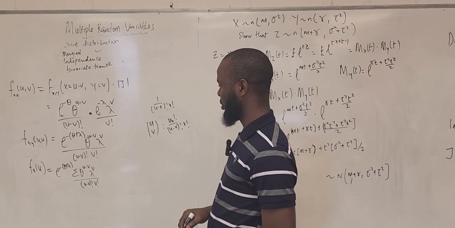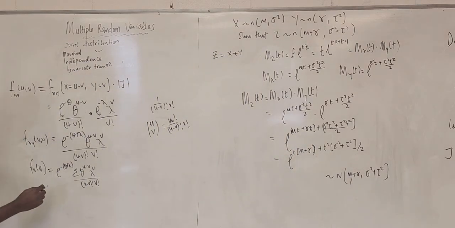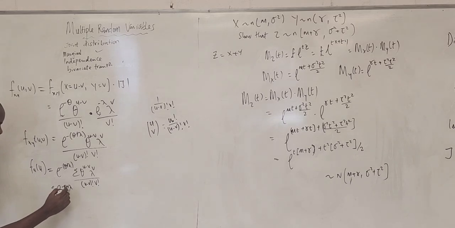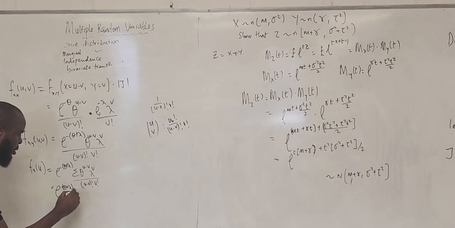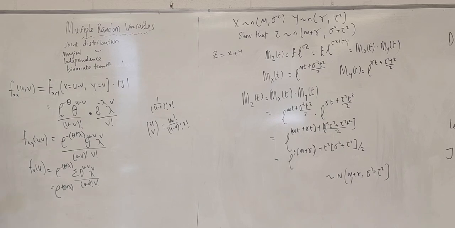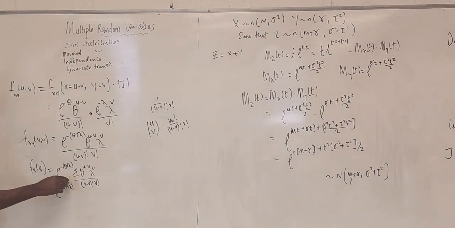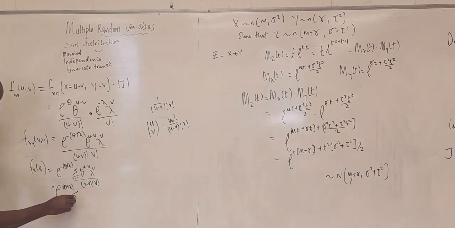So now here you have exponential minus theta plus lambda. Because I'm working with the marginal, this is going to be with respect to v. I don't know the range of v. I think it should be from 0 to u.